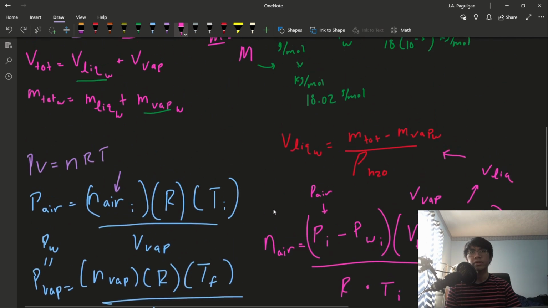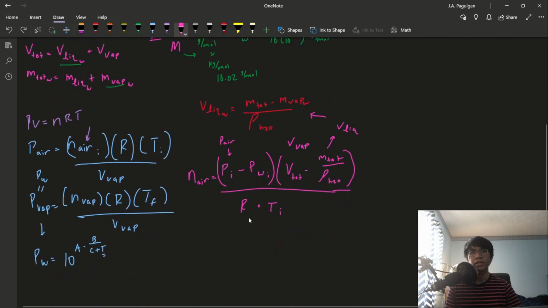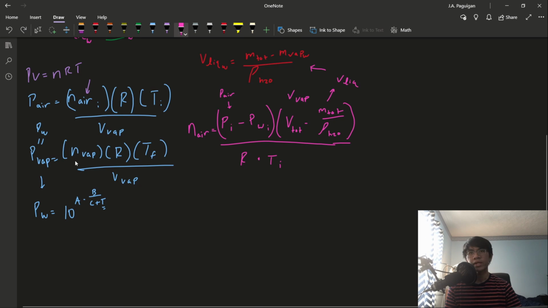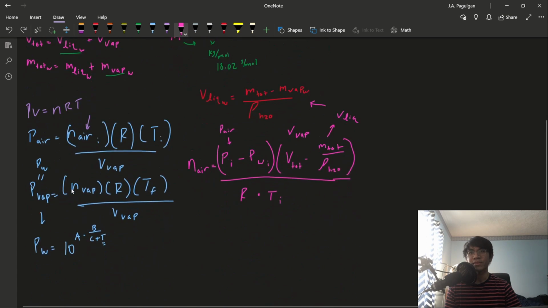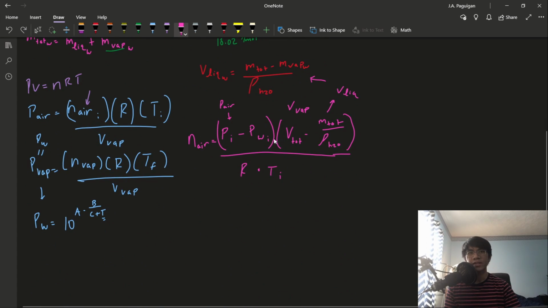And what else do we know? I think there's actually one more thing we do know. We can break the moles of vapor down. And why is that? Well, if you remember, we do have the moles of vapor. And if we break it down, we can have that expression in terms of this equation, equal to a constant that we do know.